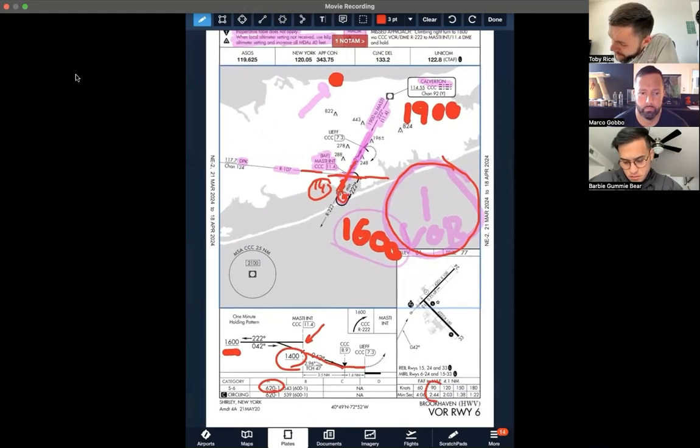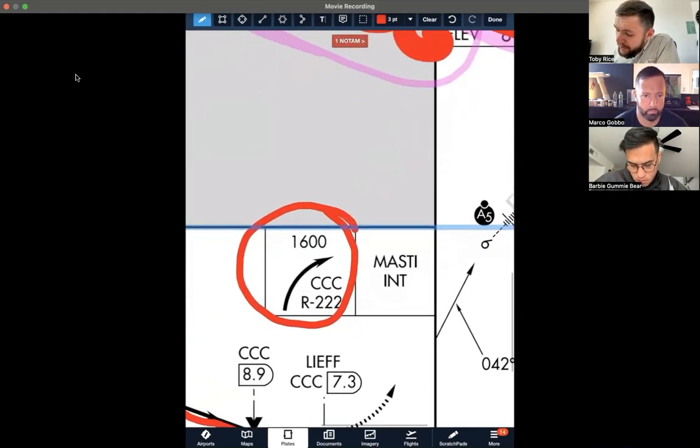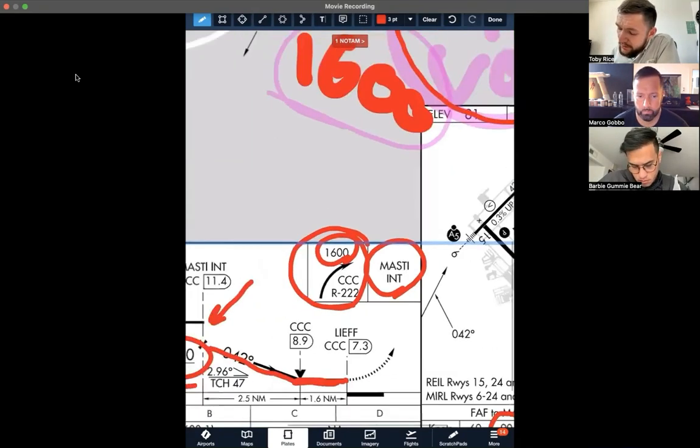Start my timer for 2 minutes and 44 seconds if I'm at 90 knots, and then descend to 620. Then I level off and I wait. Once my timer expires, then I execute the missed approach procedure, which is a right turn to intercept the 222 radial at 1600, back to Masty, and hold.